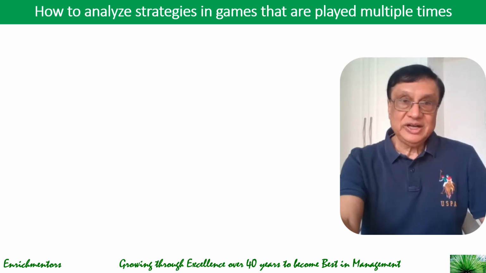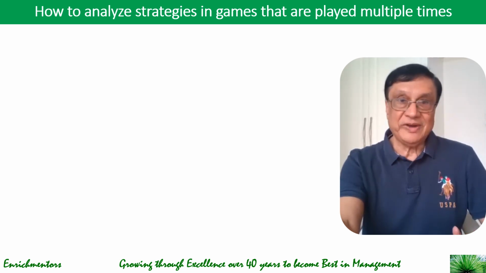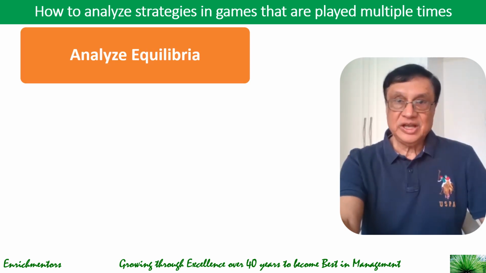So we have now looked at 4 stages, starting with defining the stage to finding the strategies that we talked about just now. So the next steps are to analyze the equilibria, to find the solutions in repeated games.